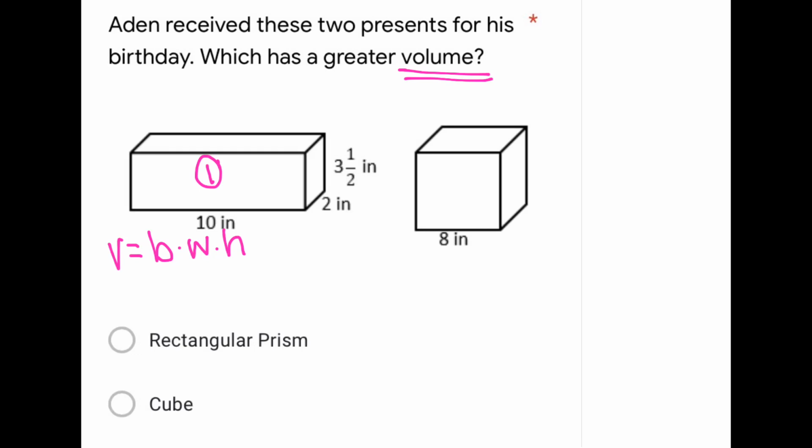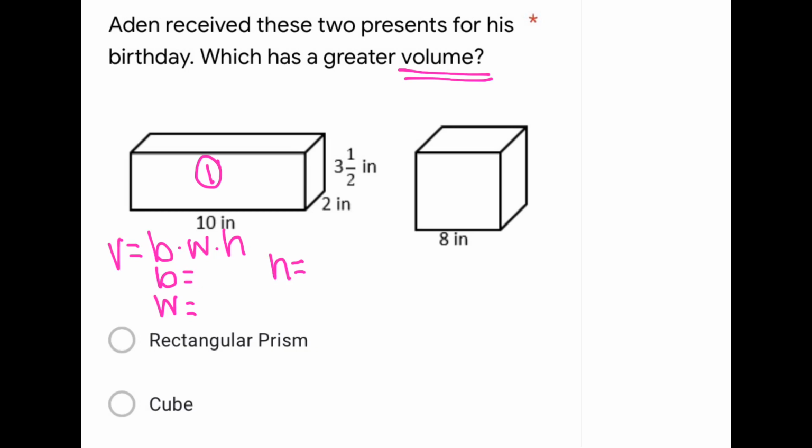For this particular figure, you need to convert your base to a fraction, your width to a fraction, and your height to a fraction.